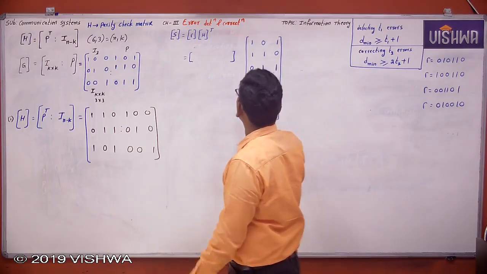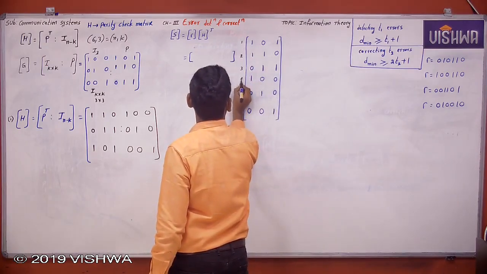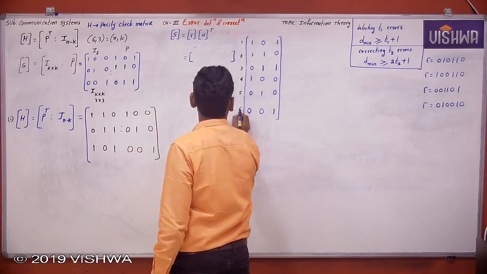This is the first row, second, third, fourth, fifth, sixth.